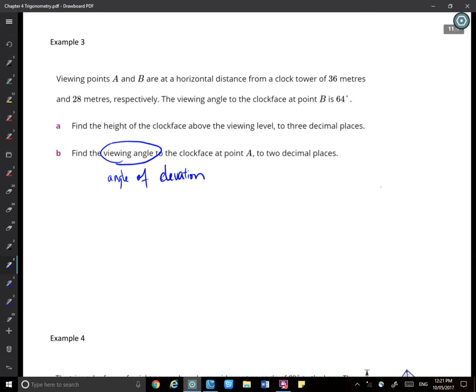So let's sketch this graph. Viewing points A and B are at horizontal distances from a clock tower of 36 and 28 meters. And the viewing angle of point B is 64 degrees. Let's sketch this diagram first. Have a think about what the diagram will look like. I'll give you 1 minute.